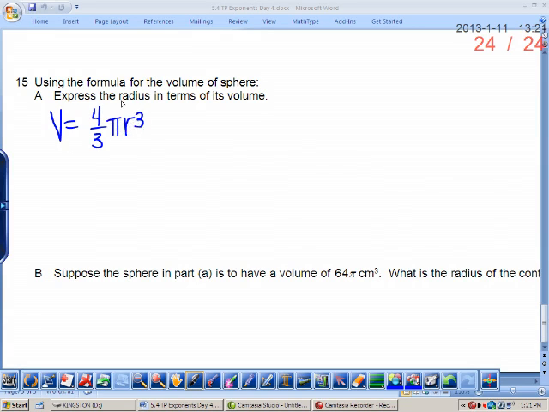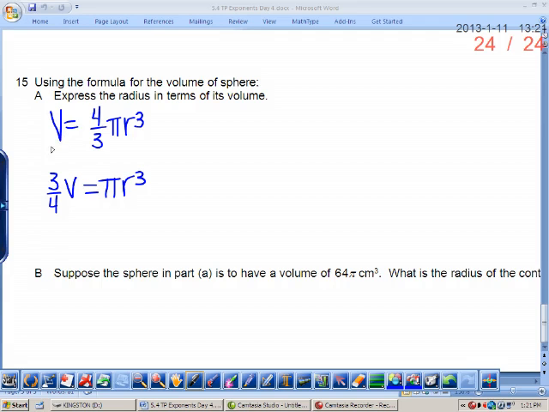Express the radius in terms of the volume. So our goal is to solve for r. How would I get rid of this 4 thirds? Multiply by 3/4. This is 3/4 v equals pi r cubed. So that's how you cancel out 4 thirds. If you want to do it in 2 steps, multiply by 3, divide by 4, that's fine.